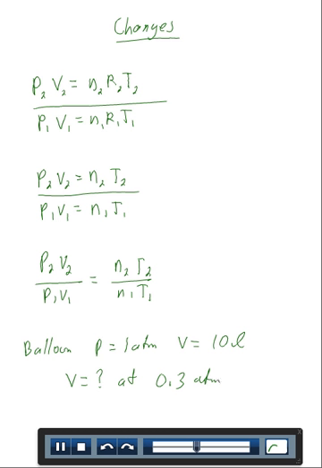As it rises up, gets to about 30,000 feet, we'll have about 0.3 atmospheres pressure, if I remember correctly. It's about 0.3 atmospheres at the top of Mount Everest. So what will the volume of our balloon be?